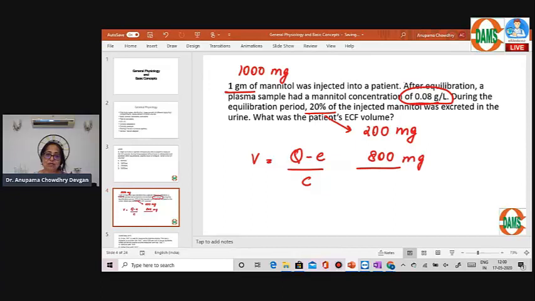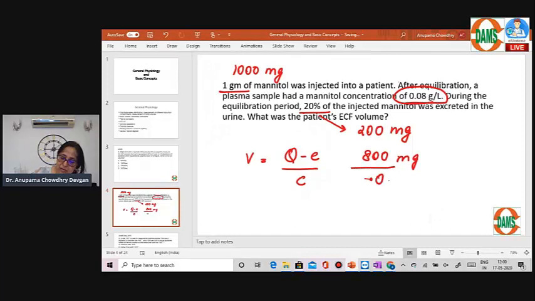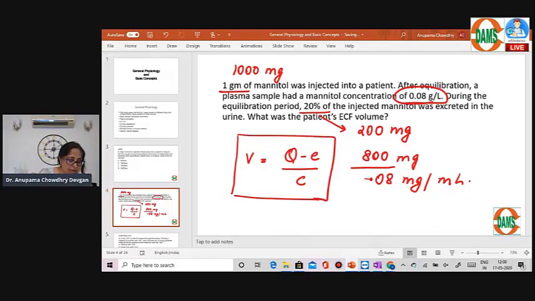We need to convert this into milligrams per ml, so this will be 0.08 milligram per ml. Yes? All right. Okay, great. Same formula, V is equal to Q minus E over C.